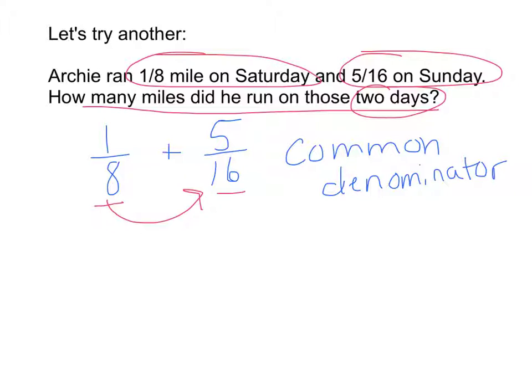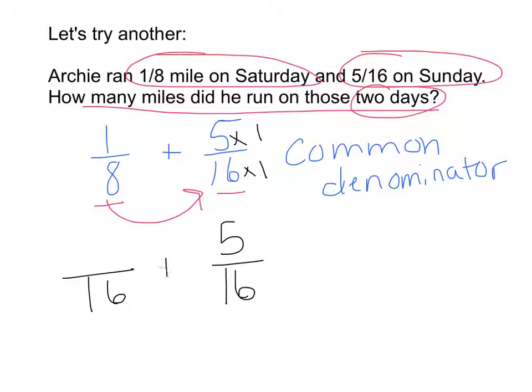So if one of my denominators is a factor of the other, I can see that both of my fractions can be turned into 16ths. In this case, I took 16 times 1. I'm going to take 5 times 1 because you have to do the same to your denominator as you do to your numerator.